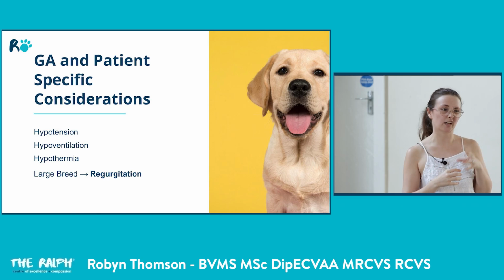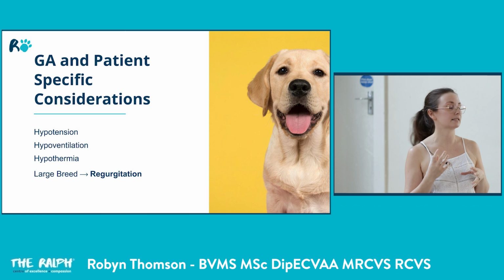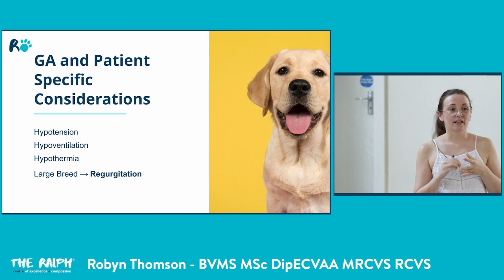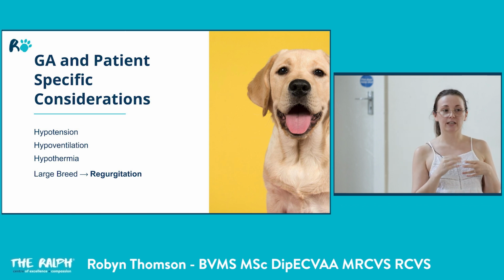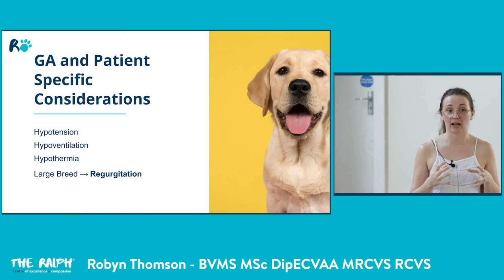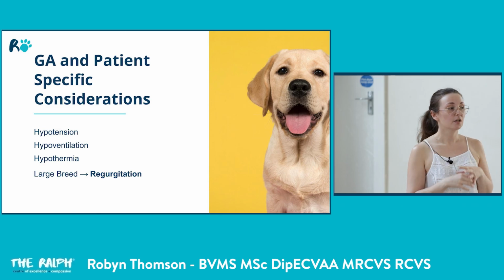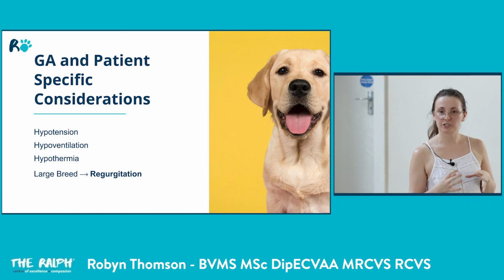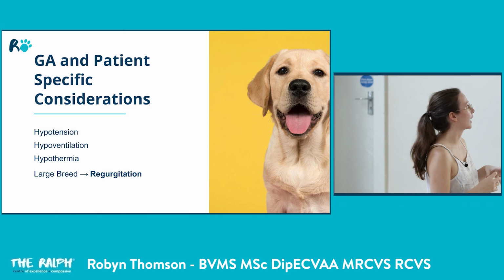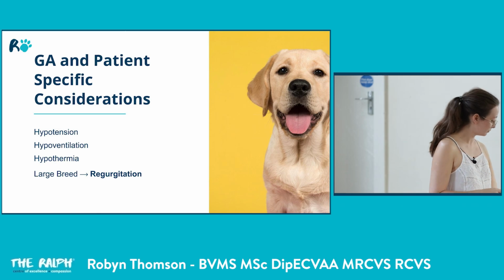Small breeds aren't as high risk, whereas large breeds tend to be. Otherwise, her age and temperament are all pretty standard; she's a nice dog. So there's nothing hugely specific we have to think about, really just regurgitation in respect of her patient-specific considerations.